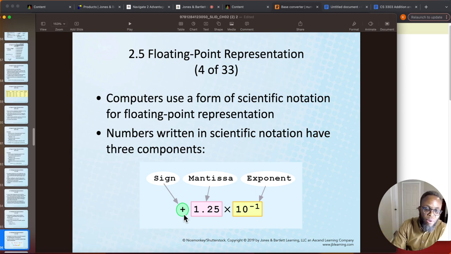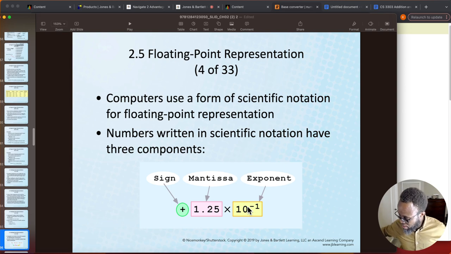So if you remember, 0.125 is a positive number, so obviously it's plus 1.25 times 10 to the negative 1. The mantissa is the part that represents the number, and then the exponent captures the decimal places. So it's 10 to the negative 1 because this was a decimal 0.125.